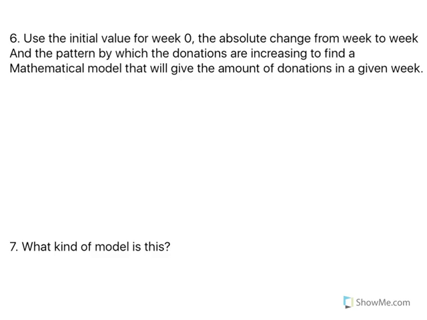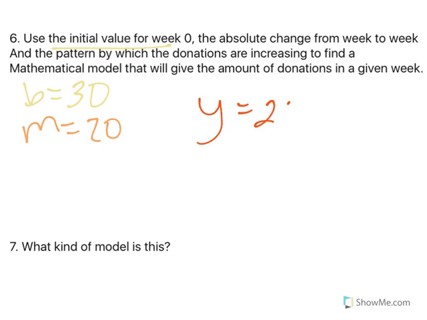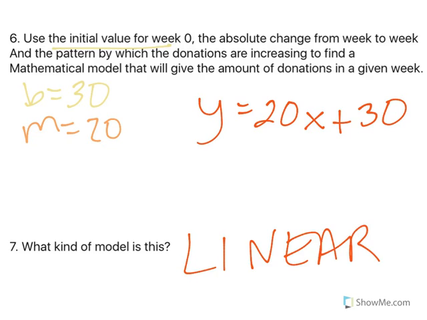Use the initial value for week 0. The initial value, we call that a starting point. That would be our y-intercept. The absolute change, the recurring change, we call that slope. So I can write an equation, y equals slope times x plus my y-intercept, where x represents the number of weeks. This is a linear model.